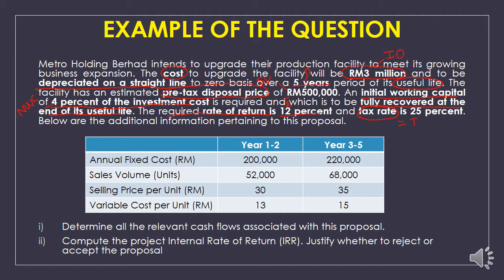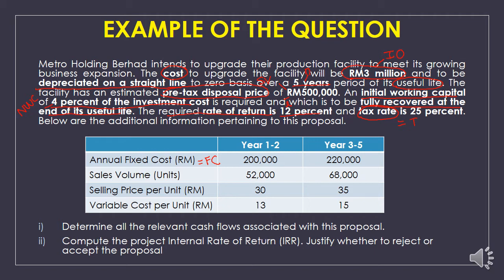Based on the additional information, there is information regarding annual fixed cost. Annual fixed cost here is represented by FC. The fixed cost for year 1 until year 2 is RM200,000, and for year 3 until year 5 is RM220,000.